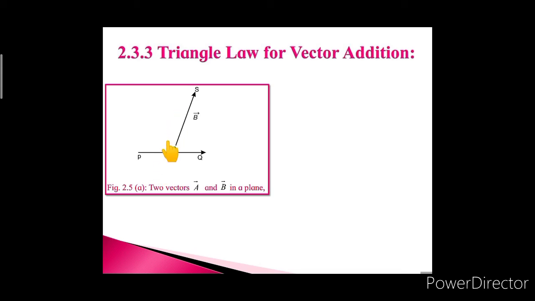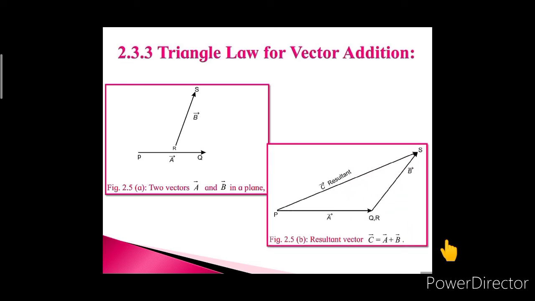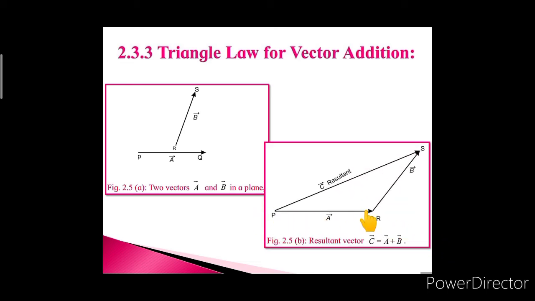As per the triangle law of vector addition, there is a method to add these two vectors. We consider vector A, taken as side PQ of the triangle. Vector B is then added to this vector in such a way that the starting point of vector B coincides with the end point of vector A, as shown in this figure.